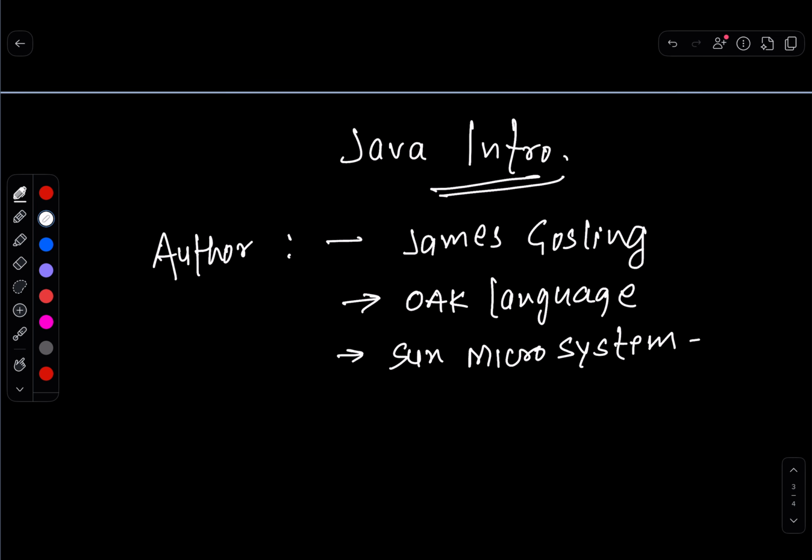Okay, basically Sun Microsystems was the company, and Gosling was working under one project, and then he created a new project, which is also called the Green Project.